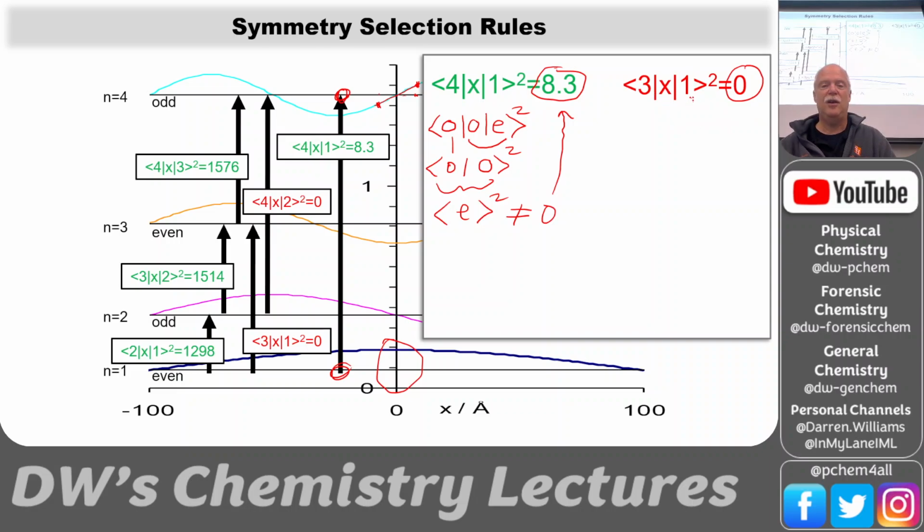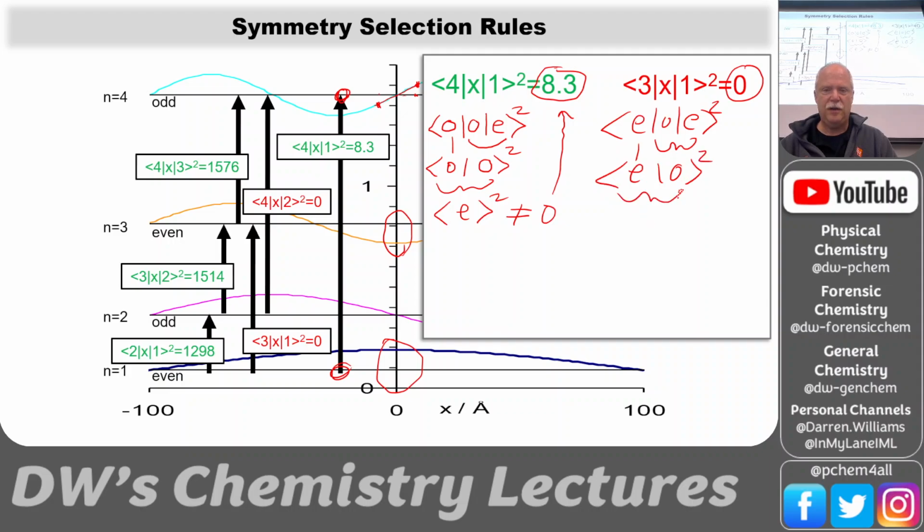Okay, let's do this one. 3. 3 is even. You see here its behavior around 0. It's just a mirror image of itself. So that's going to be even here, and odd there, and 1 is even. So odd times even is odd. And we bring even down here.